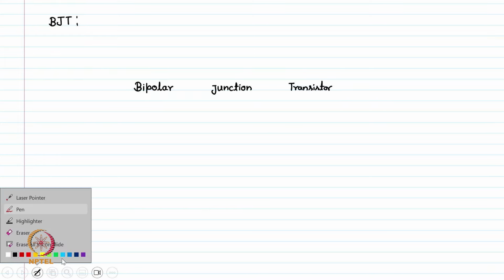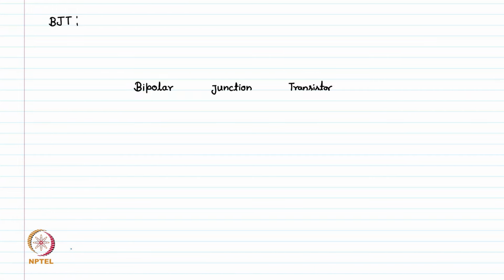So, we can write BJT, which is an acronym for bipolar junction transistor. Here we have these key terms.